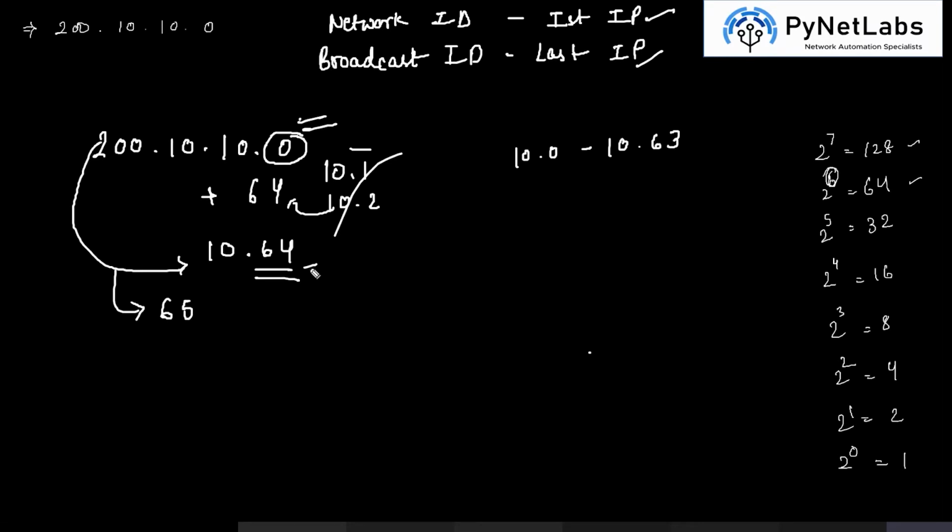Because when we take 64, the number of IPs actually being there is 65 IPs. Is it fine now? Great. Perfect. Ranjan, is it clear now? Great, perfect.